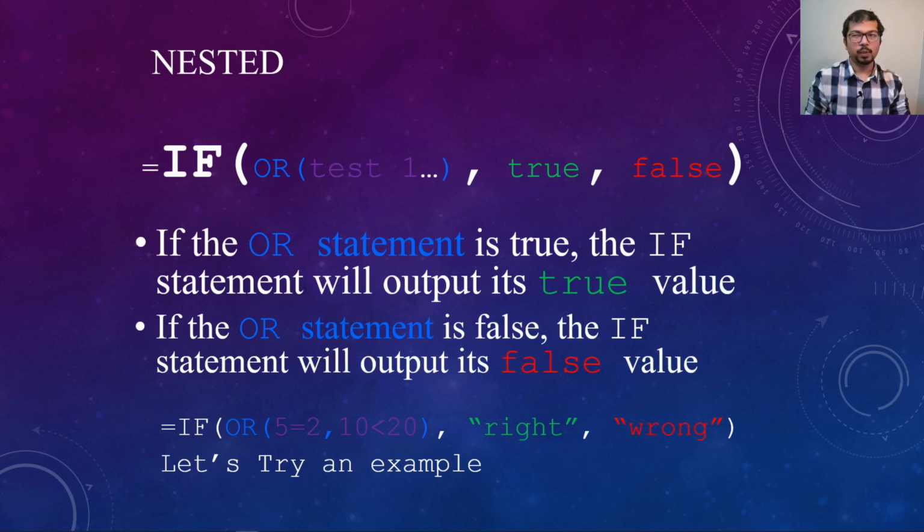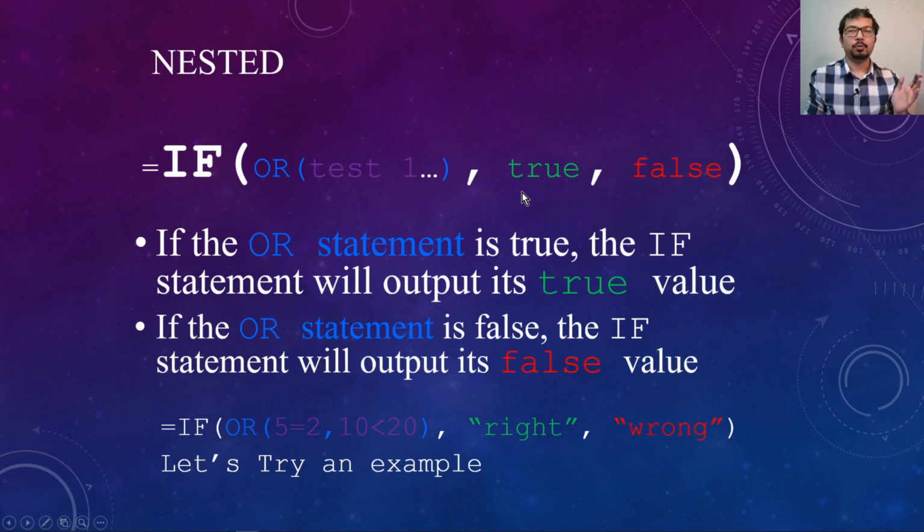What nested means is that it should be something that is inside of something else. So we can have a logical function, and then within that function we can have multiple other logical functions or tests, and that will affect the overall statements. As you can see, we can have IF as an overall statement, and inside the nested logical statement we can use OR.